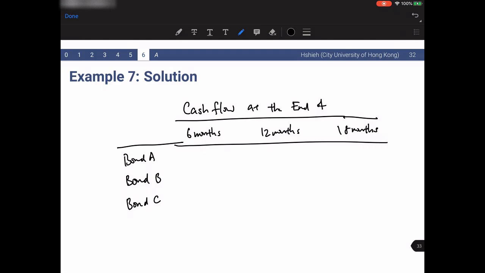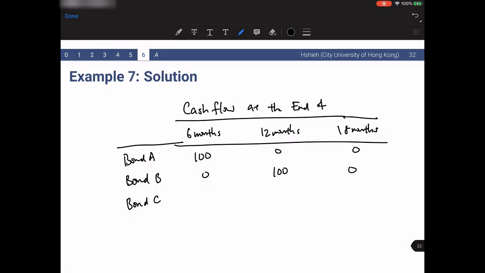So let's first look at the timing of the bond payments first. So for bond A, we simply receive the face value at the end of 6 months. That's just $100. For bond B, similarly, it's a 0 coupon bond, so we won't have any intermediate payments. We will just have a final bullet payment of $100 at the end of 12 months. For bond C, however, we have a 6% per annum coupon rate.